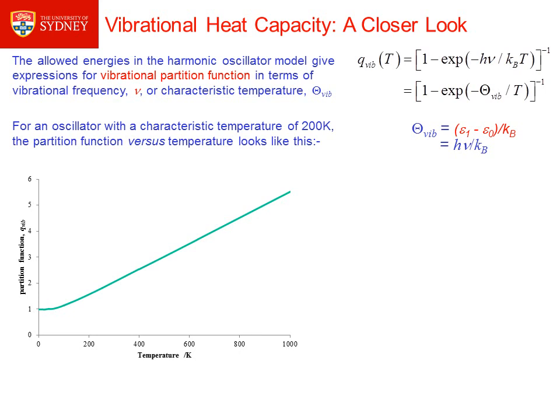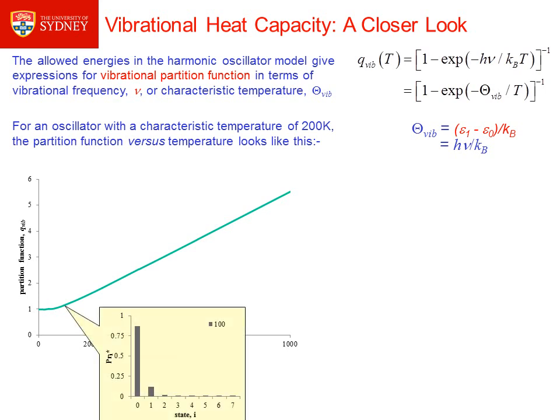We can also see how the occupation probability of ground and excited states, i equals 0, 1, 2, 3, etc., change with temperature. Below the characteristic temperature, at 100 Kelvin, the probability of occupation of state 1 divided by that of state 0 is only about 0.14, and the higher energy states are hardly occupied at all. Here Q is near 1 and only one state is significantly occupied.